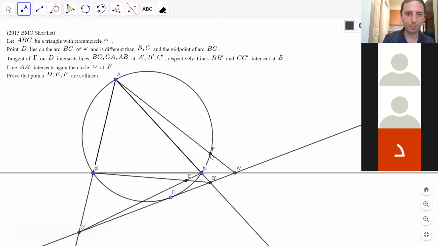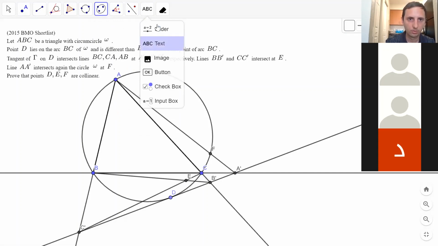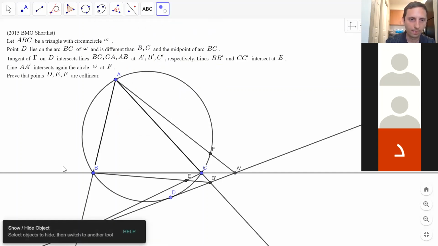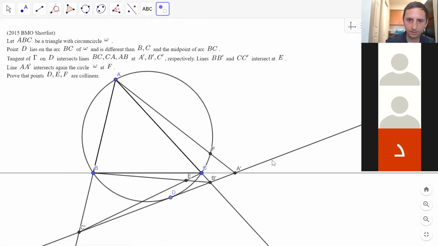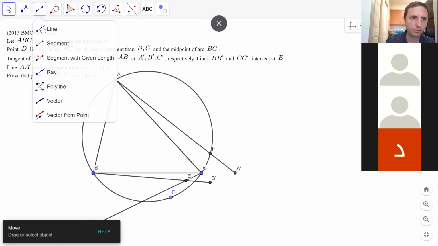Looks kind of like Pascal, maybe. I'm not positive though. Right.